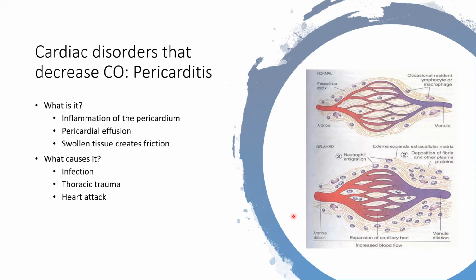We could have it be from other sources that are not infective, such as trauma. So maybe you get hit really hard in the chest, right? If you get hit hard in the chest, that compresses your thoracic cavity so much that it applies pressure to your heart, which can end up causing an inflammatory event on that underlying tissue. Now we could have other kinds of thoracic trauma. These would be things like surgery, radiation, or accidents.